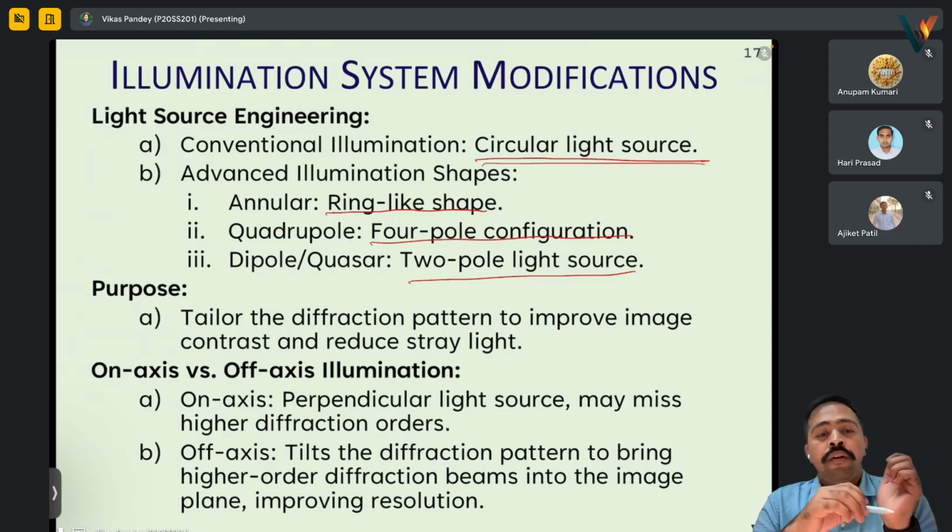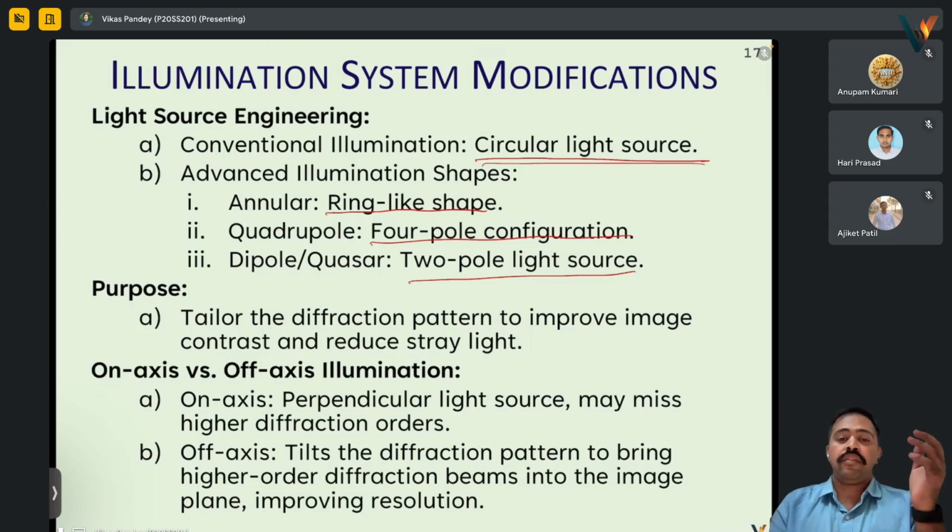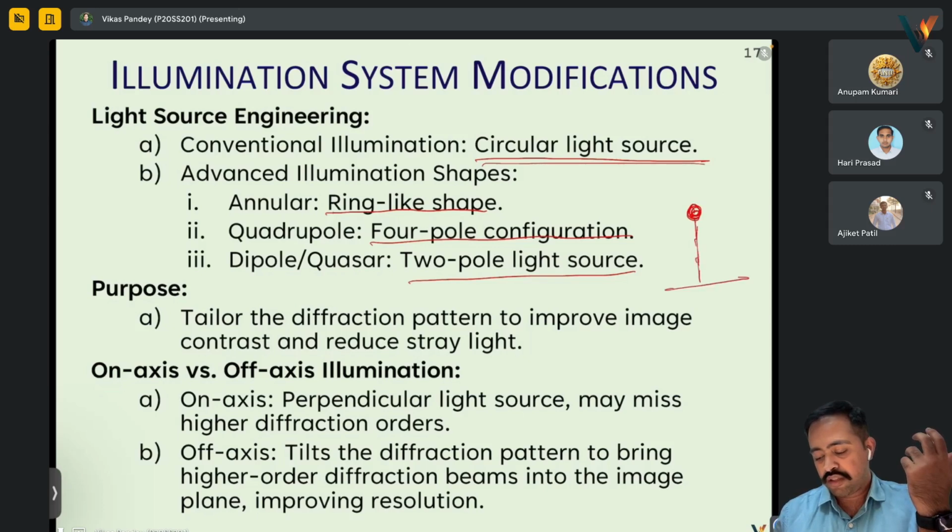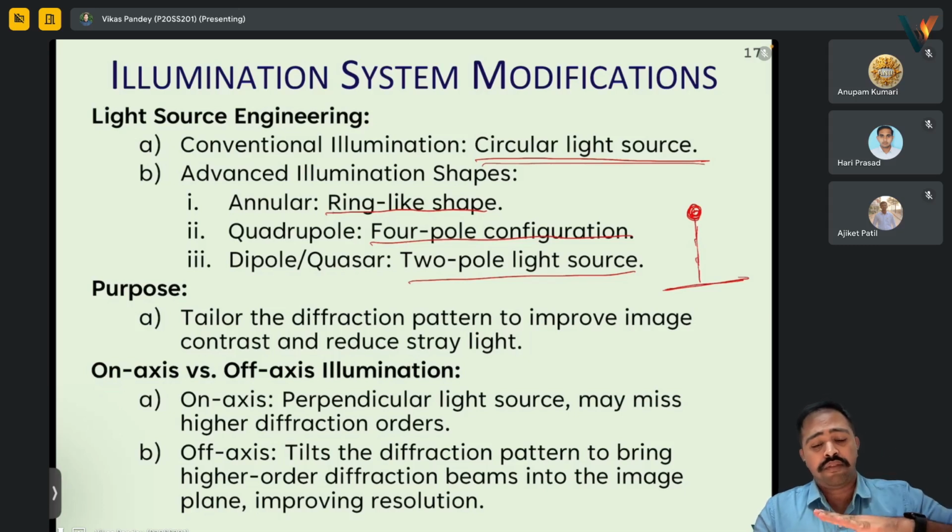When we have on-axis or perpendicular light source, going perpendicular to our patterns or the mask, we might miss the high diffraction orders.